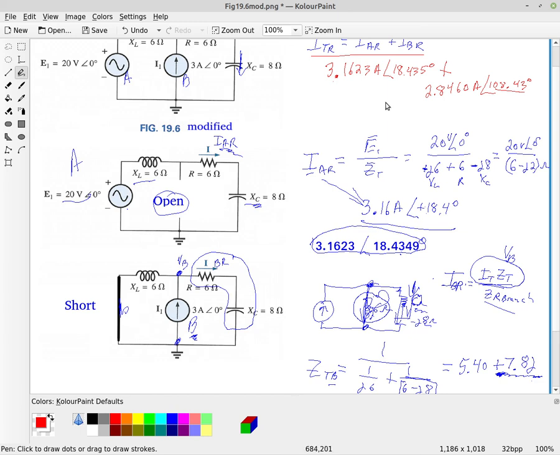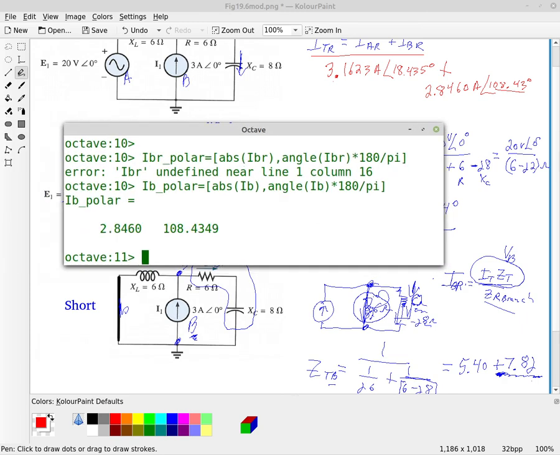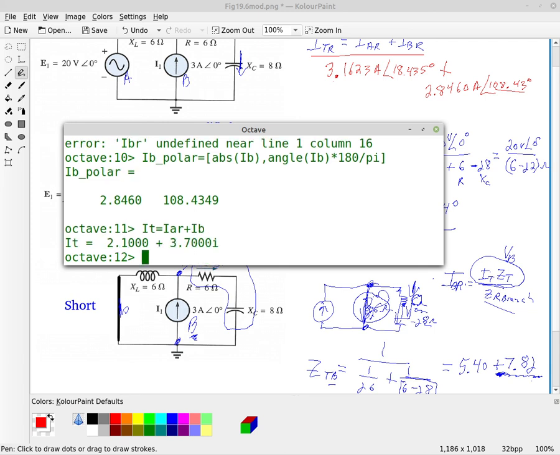Now we can punch that into our calculator and just add those two values together. I total is IAR plus IB, and it should have been IBR, but I didn't put the R on that one.